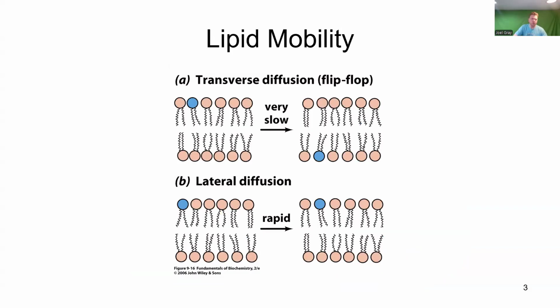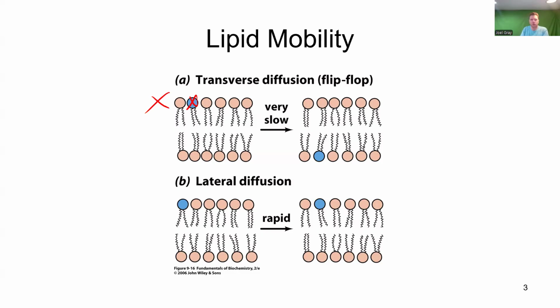Now, in terms of how the different components of a bilayer or a membrane can move, we have what is known as transverse diffusion. This version on the top, what I'd like you to visualize is this blue-headed glycerophospholipid, we'll say. Now, that is on one side, one leaflet.